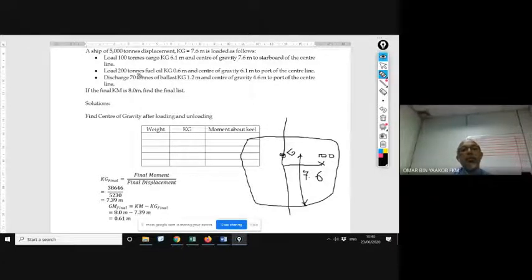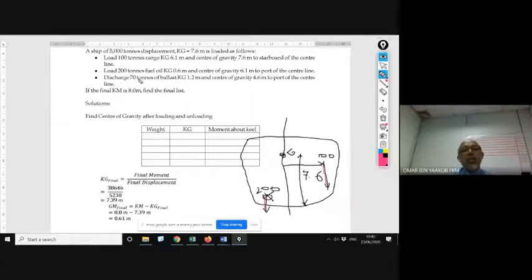And then you load 200 to port at 6.1. So somewhere here. This one here is the 200 ton. This is loading, so the weights are all pushing down here. I should use a different color. So this is the weight of the 100 ton, and this is the weight of the 200 ton.